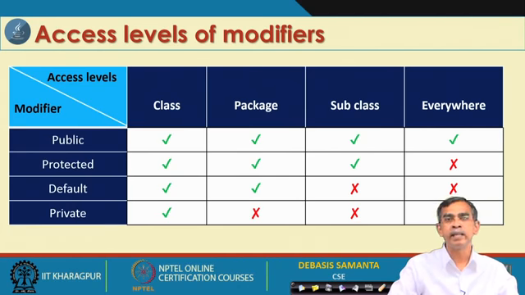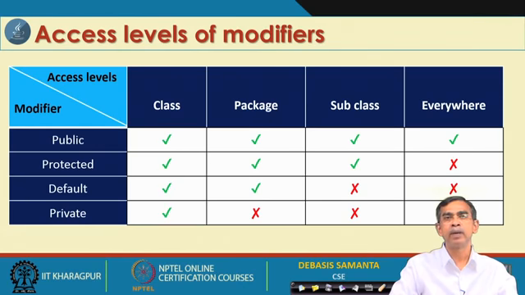Anybody can see it, use it, print it, change the value, whatever. On the other hand, if it is protected, within the same class any method can access this protected member. Within the same package the protected member is accessible, and within a subclass it is accessible. However, it is not accessible from anywhere other than these 3.